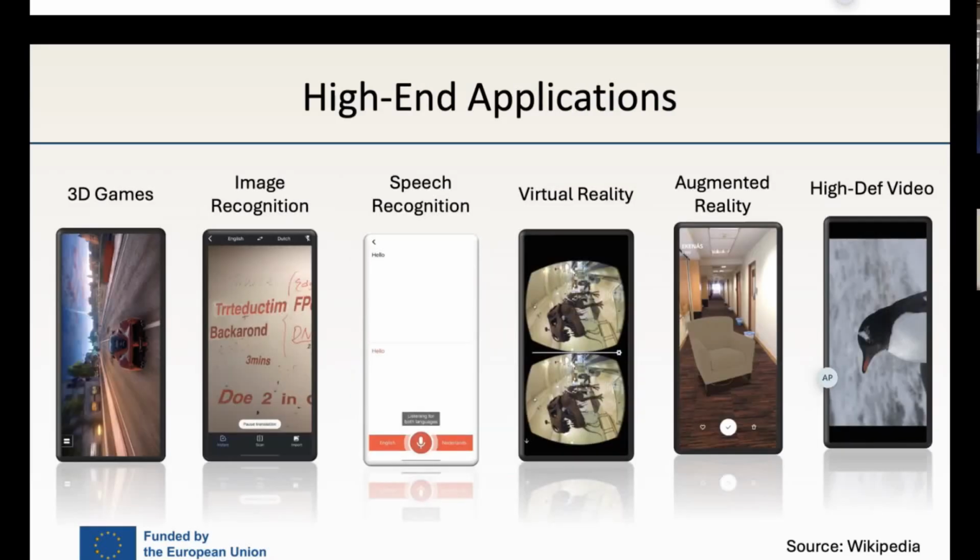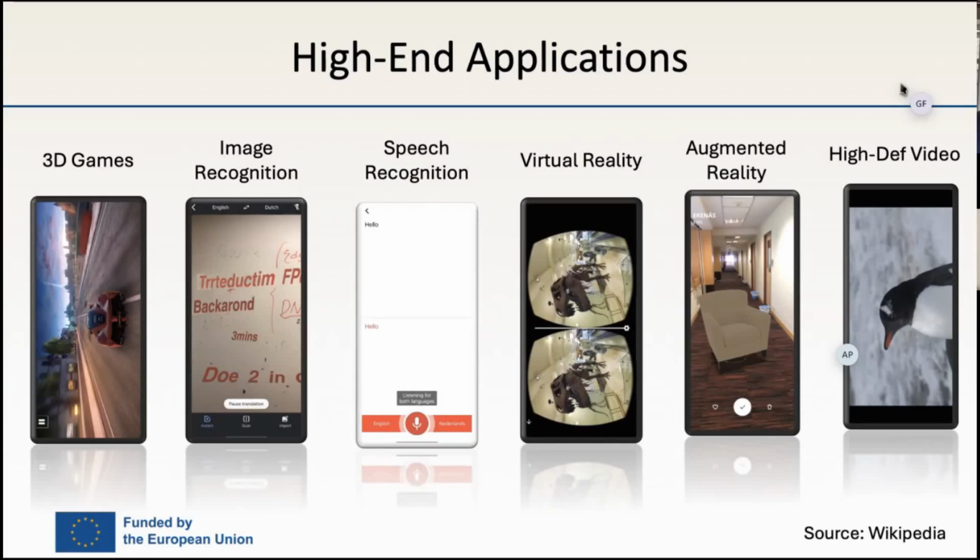But if you look at today's high-end applications, whether we're talking about gaming, AI-based image and speech recognition, generative AI, virtual reality and augmented reality, or high-def videos, if you want to do all these computations on chip, one of the main bottlenecks is that all these applications are highly memory intensive.